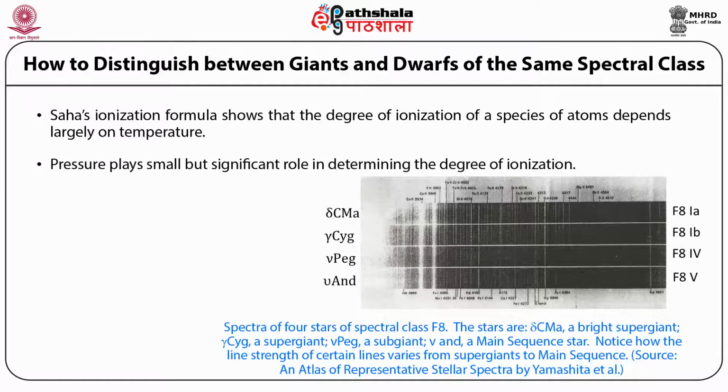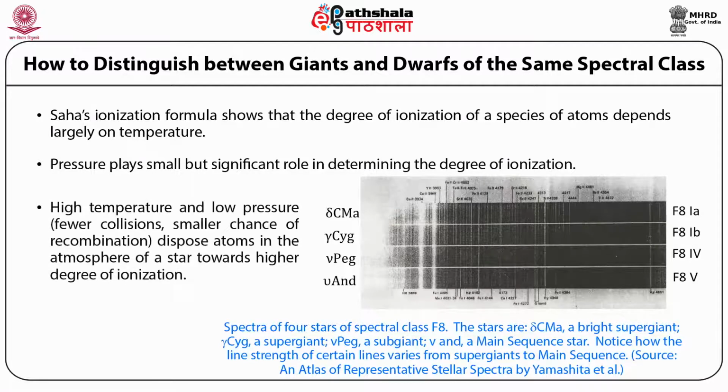Pressure plays a small but significant role in determining the degree of ionization. High temperature and low pressure lead to fewer collisions and a smaller chance of recombination, so they dispose atoms in the atmosphere of a star towards a high degree of ionization.